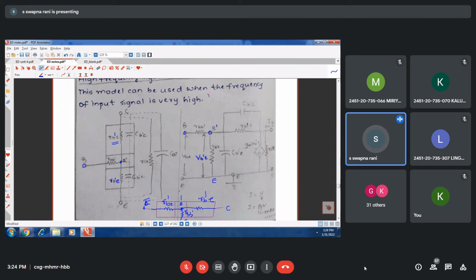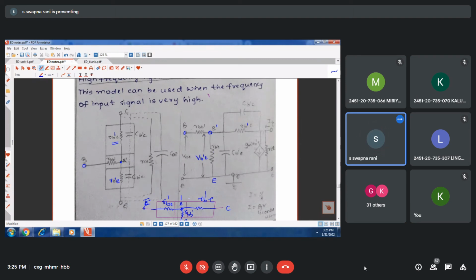So the base emitter junction is always forward biased, right? And there exist capacitive effects across the junction of a transistor. If it is forward biased, the capacitance effect is called the diffusion capacitance. If it is reverse biased, the capacitance is called the transition capacitance.